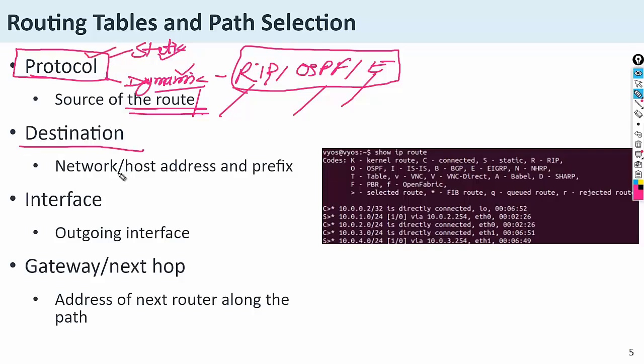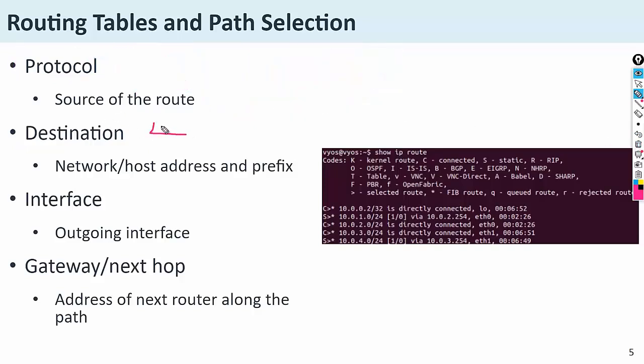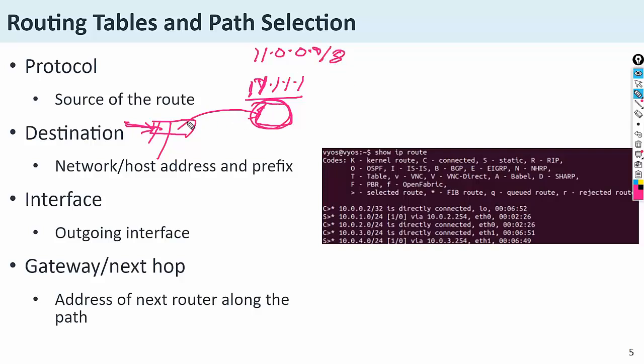The second information is the destination. Destination means from one system to another, like this router to another router. The routing table has this information. For example, this route has the IP address 11.1.1.1. So any packet that comes to this router with the network ID 11.0.0.0/8 will be forwarded to the next hop or the destination.